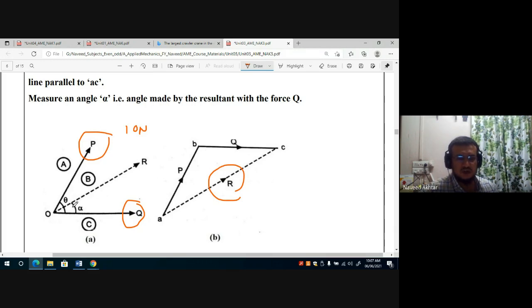Then similarly, you have to draw another line starting from B to C. B to C is the force Q, and if it is 8 Newton, then you have to draw an 8 centimeter line, and that is B to C. And then when you join A to C, this will give the resultant of the force.